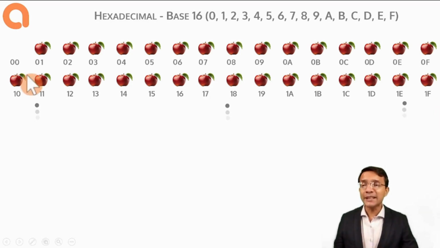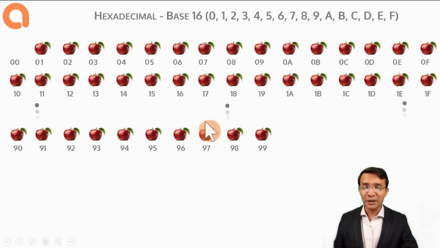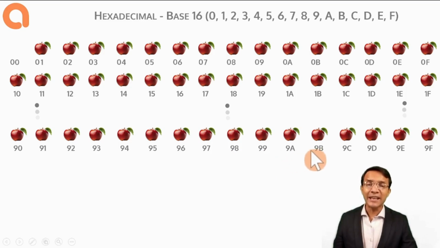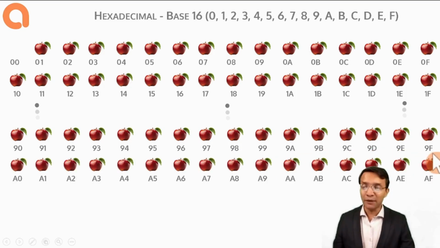That implies when we were counting apples in the first row, they were all having an invisible 0 leading in front. And now with 2 digits, we can represent up to 90, 91 and up to 98 and 99 apples, and then 9A, 9B, 9C, 9D, 9E and 9F apples.